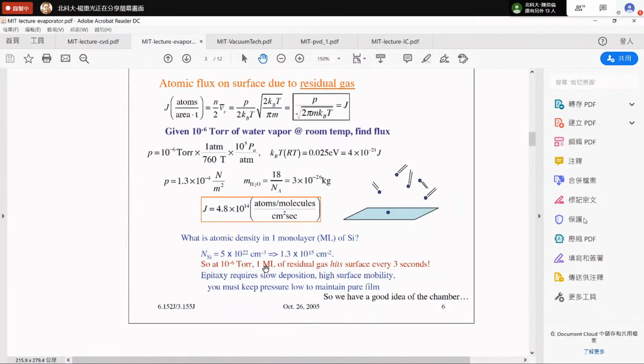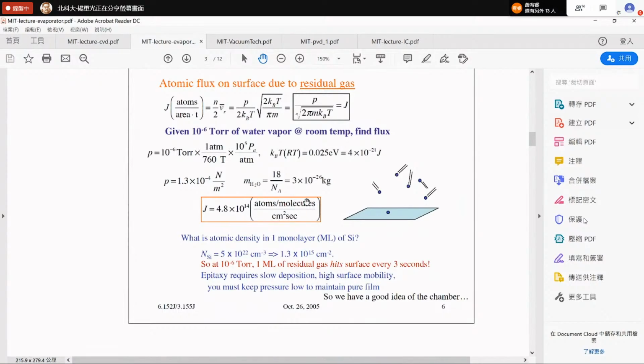So with 10 to the minus 6 torr of water vapor at room temperature, what will be the flux? The flux will be somewhere around 4.8 times 10 to the 14. So what does that mean?